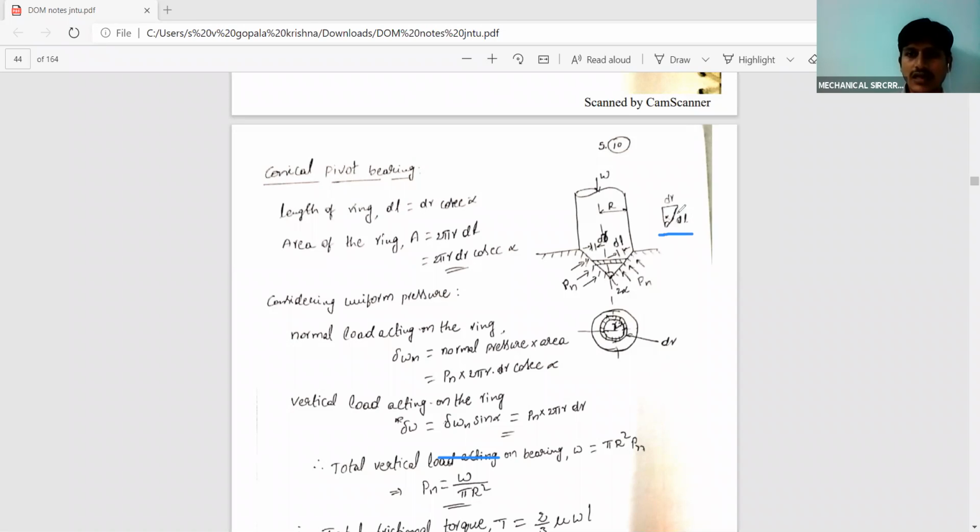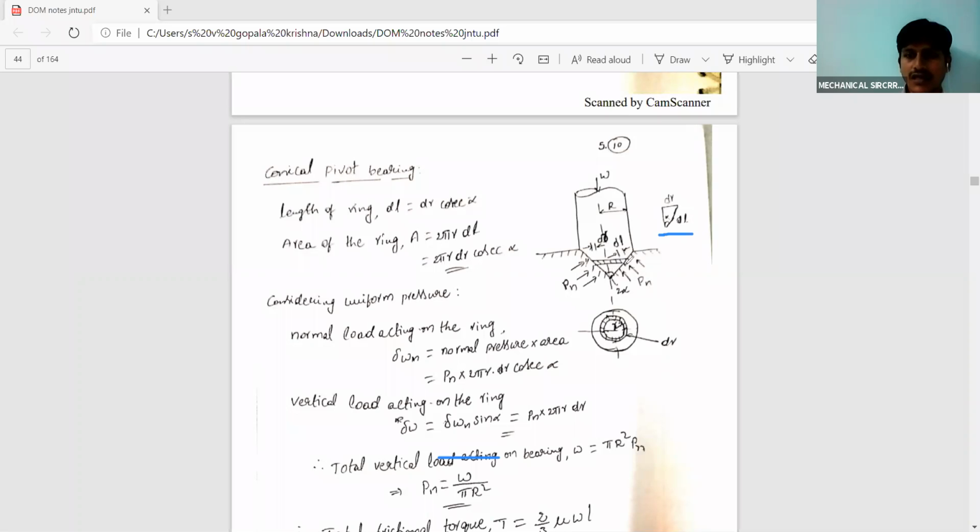Just observe that dl is the length and dr is our radius. So our thickness value is dr, and alpha. In the triangle, dl, dr and alpha, only half of the angle will be considered here.